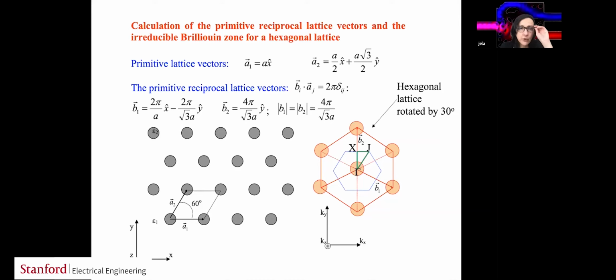When you are looking for primitive lattice vectors, you have to find two vectors so that any point inside of the lattice can be described as a superposition of these two vectors, okay? So what is the unit cell? The unit cell would be this parallelogram here, okay? If you pick any other unit cell, if you say, well, my unit cell is an equilateral triangle, that's not a unit cell because you cannot tile a lattice with this triangle. You would have to flip it upside down afterwards.